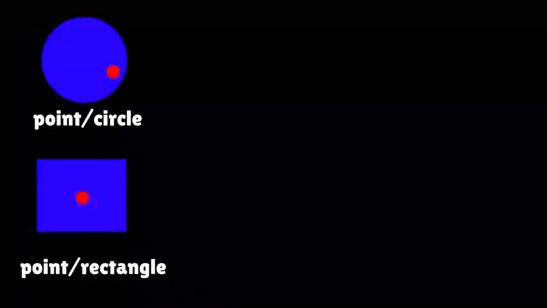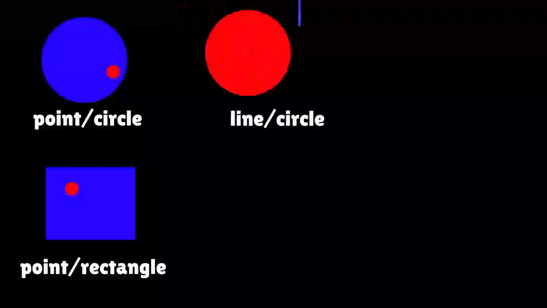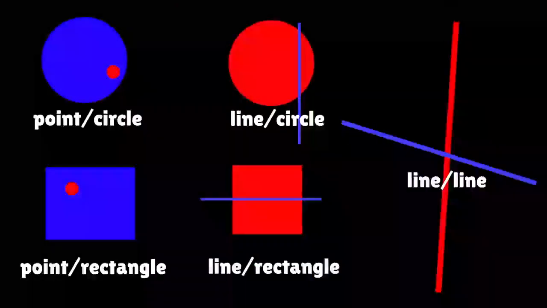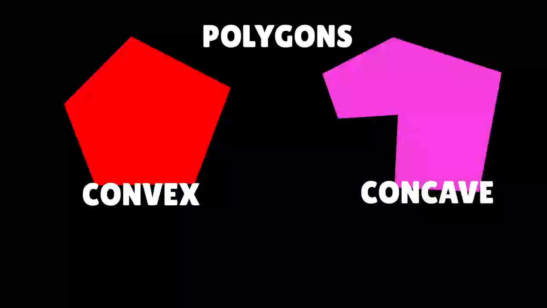You might also have more specific needs for your games or creative coding projects. Some of other common scenarios are collision detection between point and circle, point and square, between line and circle, line and square, between two lines, and so on. It becomes more complex when you need to detect collisions where shapes such as convex and concave polygons are involved.